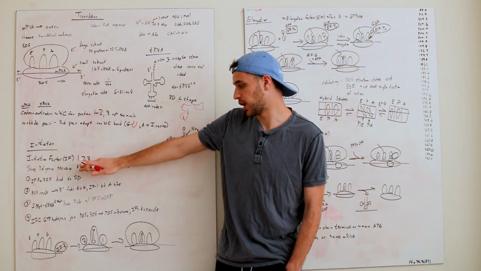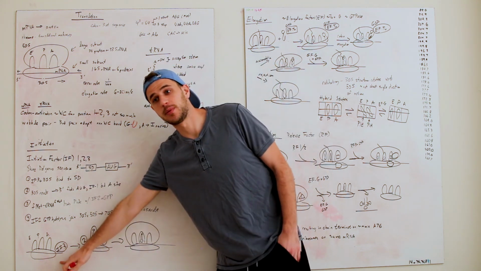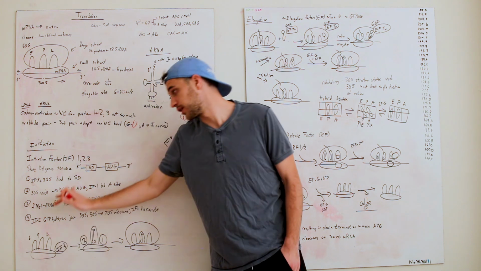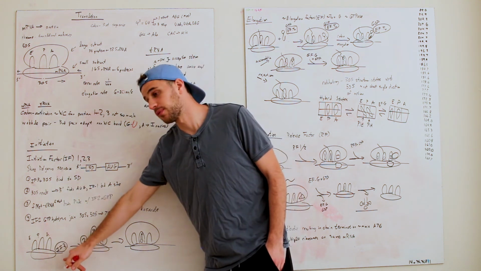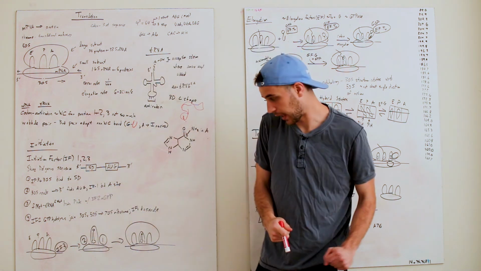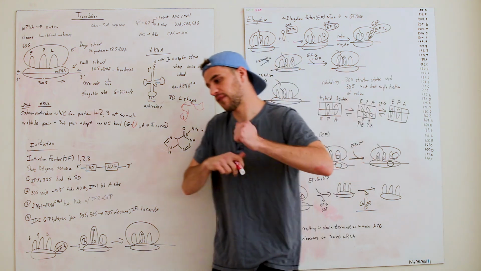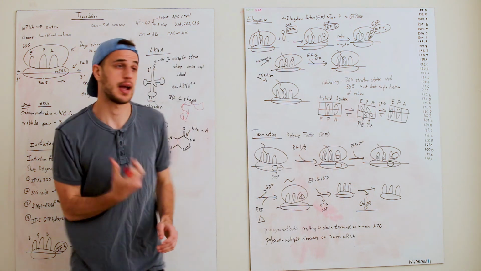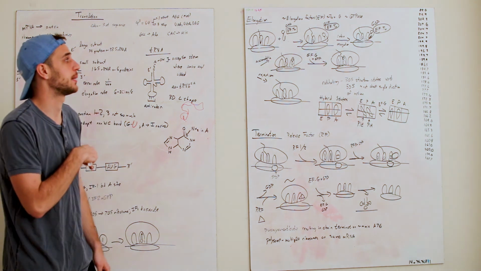Initiation is done by initiation factors that essentially grab the ribosome at the Shine-Dalgarno sequence, put the 30S on there, and grab the 50S, and make sure everything starts right, with the methionine at the right position at the P site.